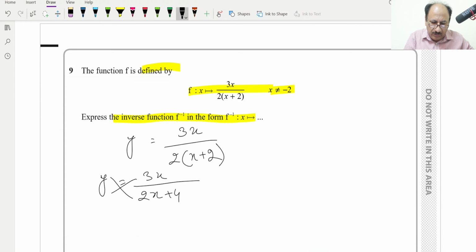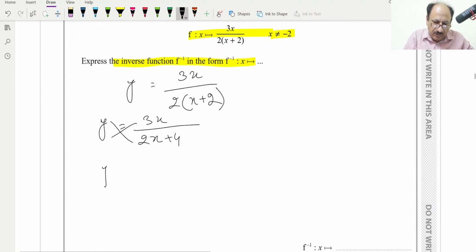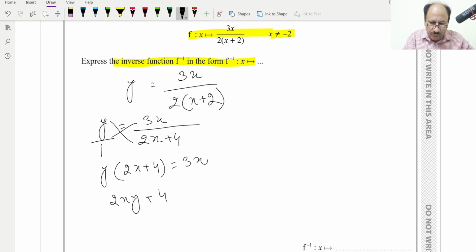Now after cross multiplication we can write y into (2x plus 4) is equal to 3x over 1, and this will be 2xy plus 4y is equal to 3x. Now we have to make x the subject, so we will shift 2xy to the other side.